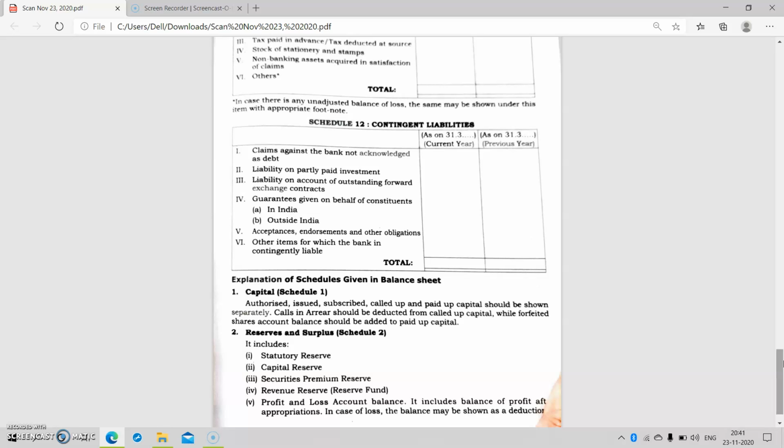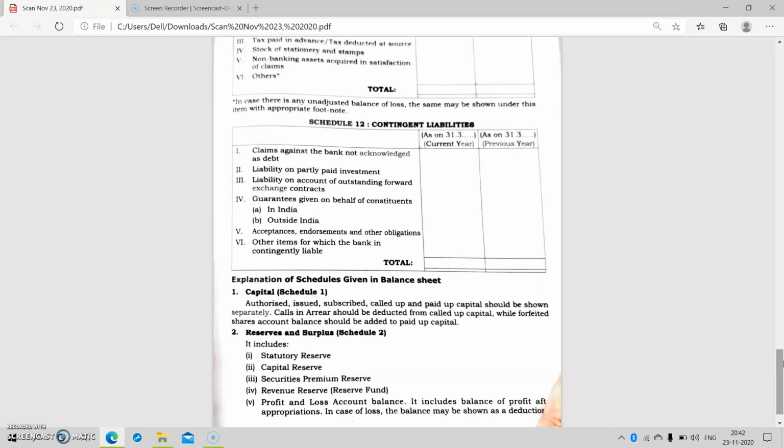If the banker has entered into some contracts which may become due in the near future, and if there is any liability on account of that, that can be shown under contingent liabilities. And all guarantees given on behalf of constituents in India, outside India, those are guarantees. If the other party makes default in the conditions, then only the liability of the banker will emerge.